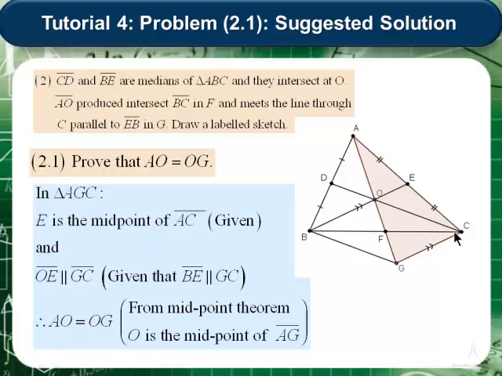Therefore, from the converse of the midpoint theorem, we know that O must be the midpoint of AG, and therefore AO will be equal to OG, which then proves this first part.